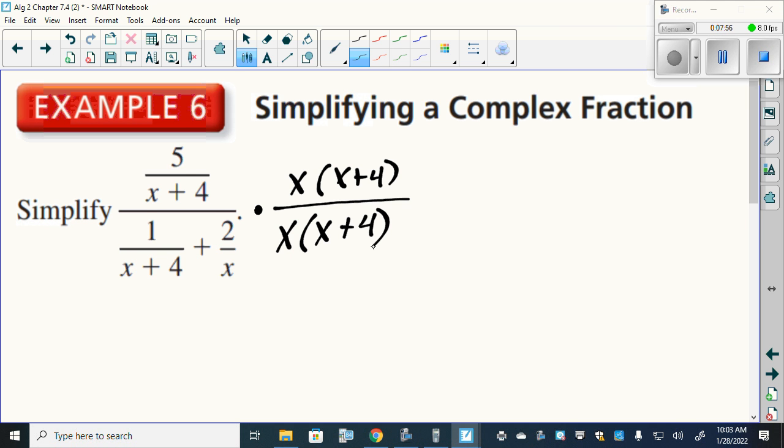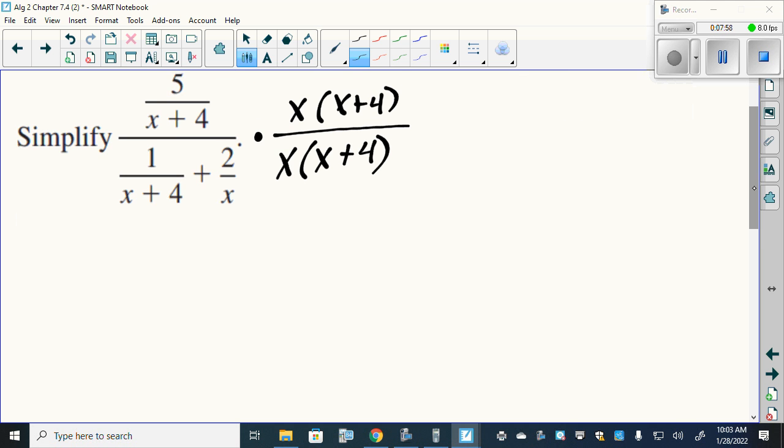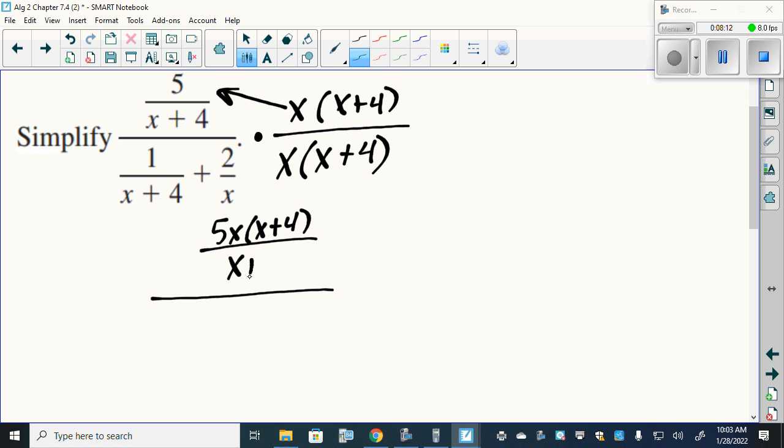In the numerator, this is going to multiply by every numerator. So we have 5x times x plus 4, and we'll simplify in a second, over x plus 4. As we see here, the x plus 4 and x plus 4 will cancel out.